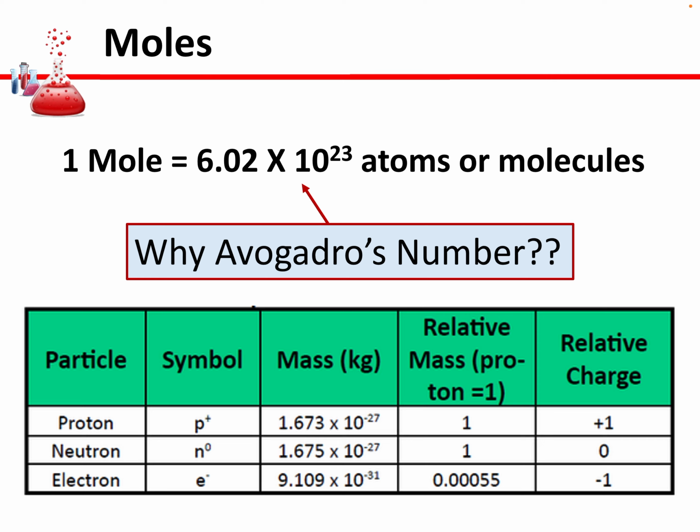The grams will cancel, and we should be left with number of molecules. So when you're doing this in your calculator, be sure that you have parentheses around Avogadro's number. So start parentheses 6.02 times 10 to the 23rd, end parentheses. Then you can do your other things.